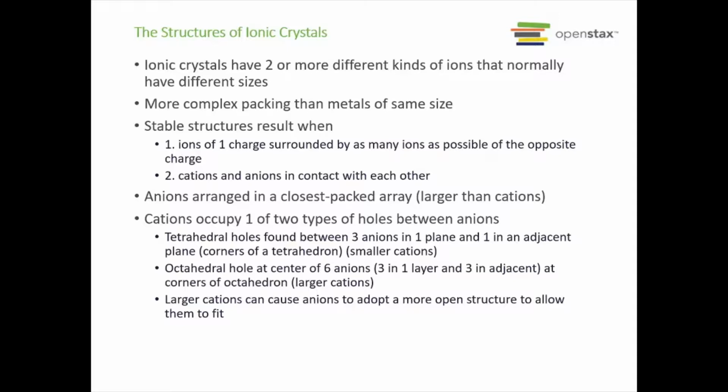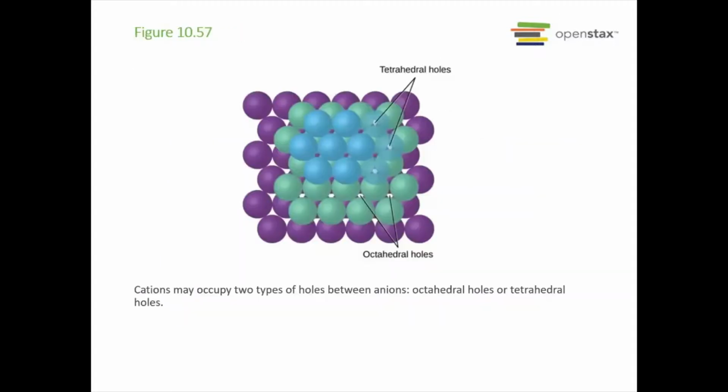This is where larger cations are going to fit in. If you have a really big cation, it can also make the anions adopt a more open structure so they can fit better. So here's a nice way to see the tetrahedral versus octahedral holes, showing where cations can occupy. So you can visualize it a little bit better.